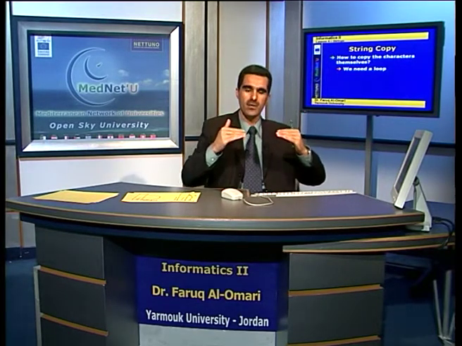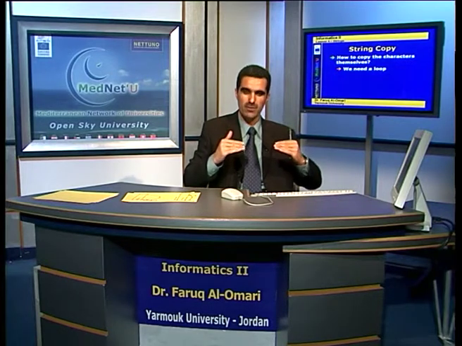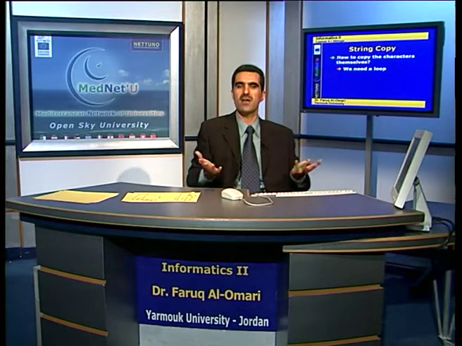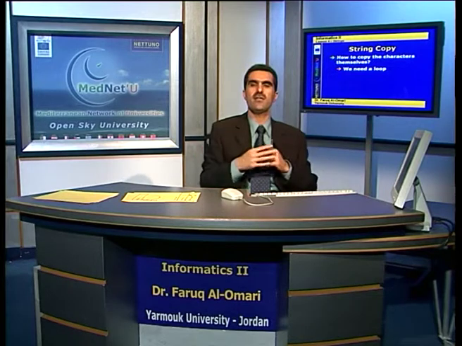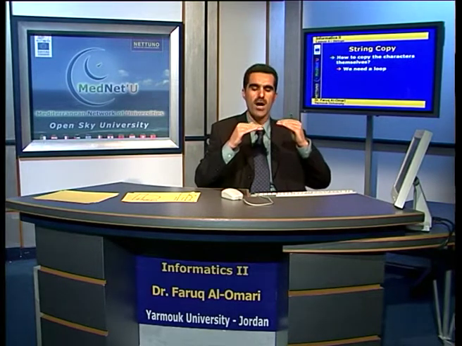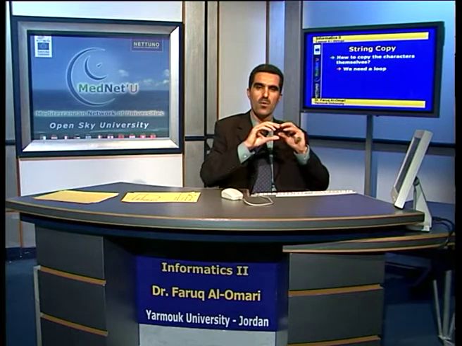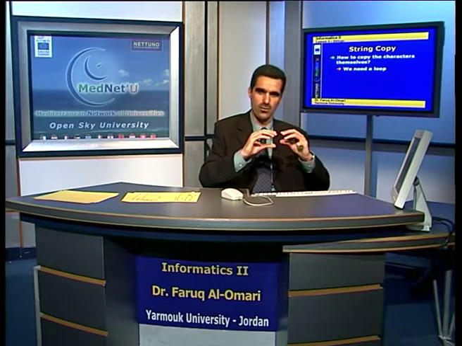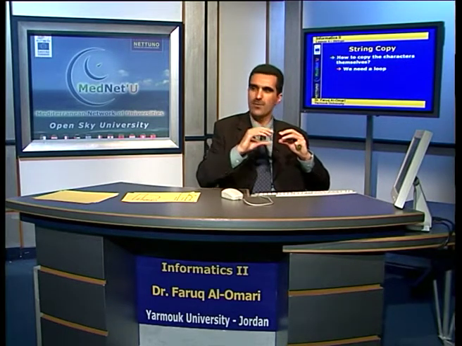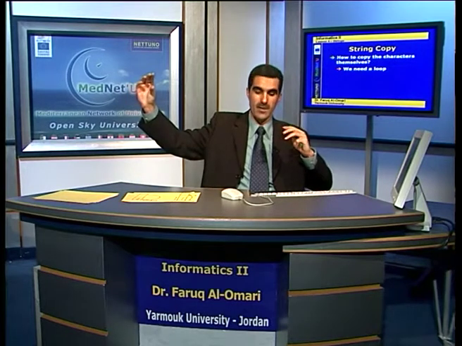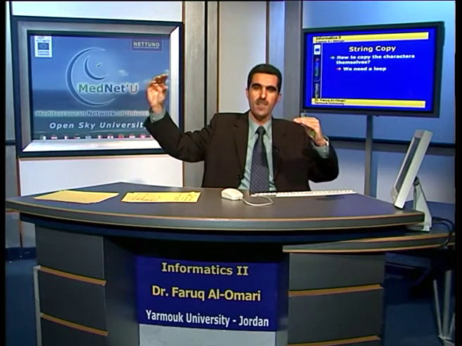Each time in the loop, I go to the next character and make the operation. The operation in hand here is to copy it, move it from wherever it is now at the source, and make a copy of it at the destination. Okay, so you start from the first one, right?